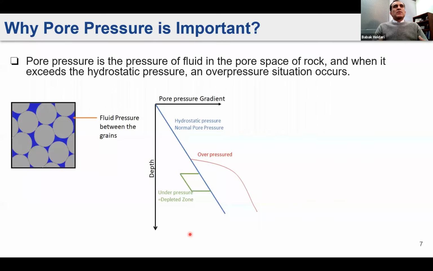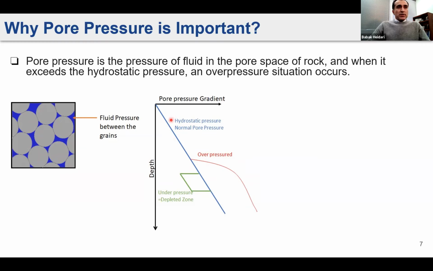Based on the amount of pore pressure inside the space between the grains, we can have three scenarios in your field and your reservoir. We can have an overpressure zone, we can have underpressure, and we can have hydrostatic or normal pore pressure.